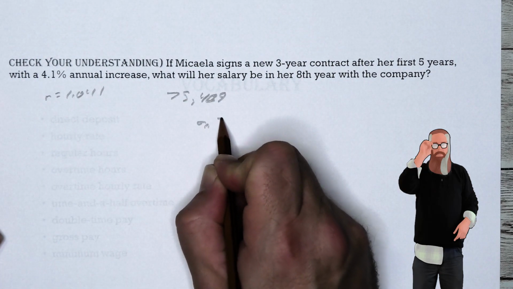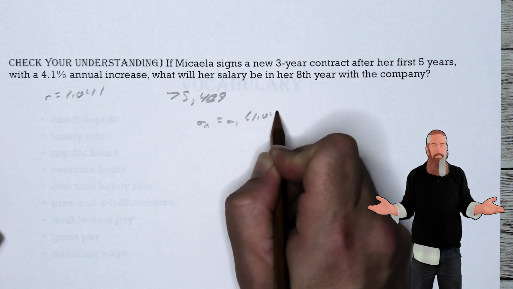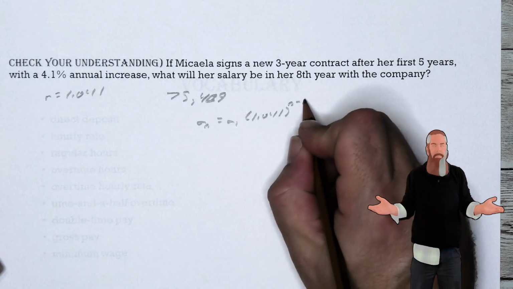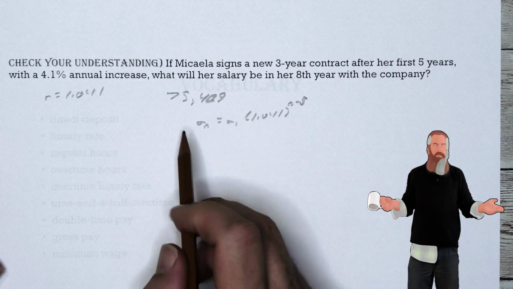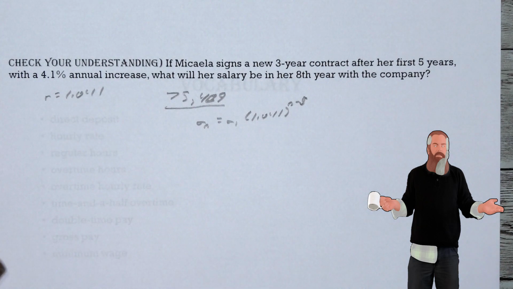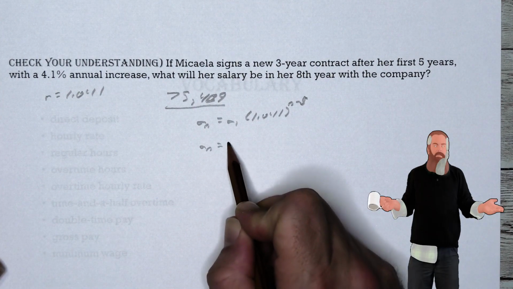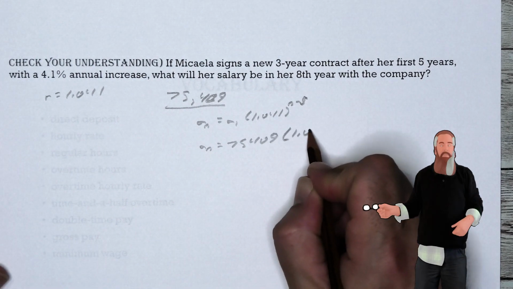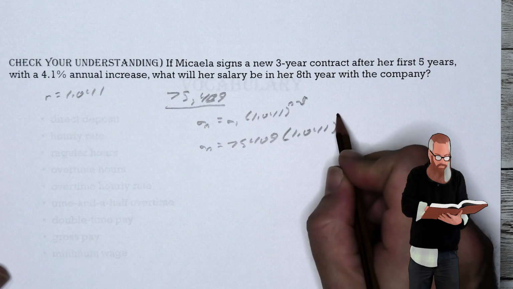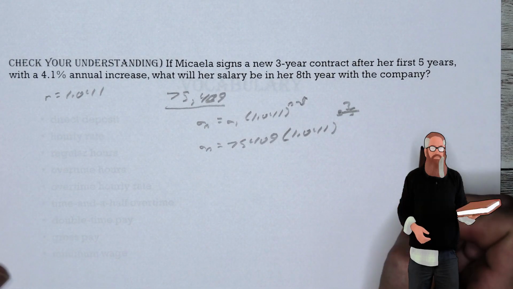So A sub n is going to be equal to the first times 1.041 to the n minus 5 power. That's because we're dealing with 5 years already there and shown in this 75,000. So we can get A sub n is equal to $75,409 times 1.041 to the 8 minus 5 power, which would be 3.